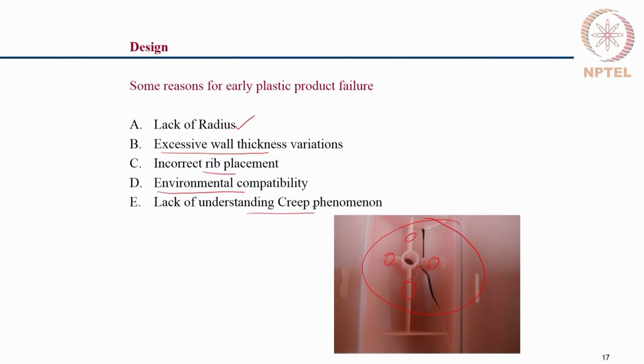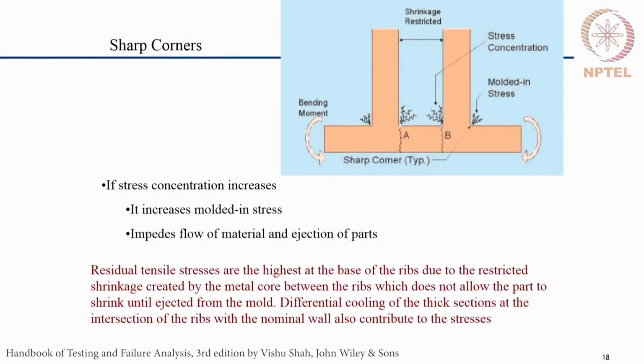Also, material can fail because of creep, which is a long term failure phenomenon. To avoid failures, one has to consider some design thumb rules while designing the plastic components. We will see one by one.